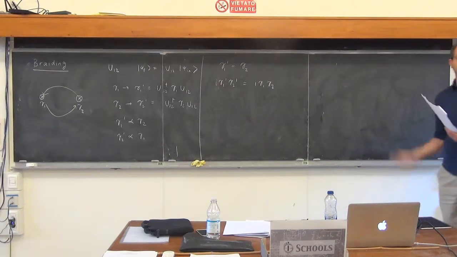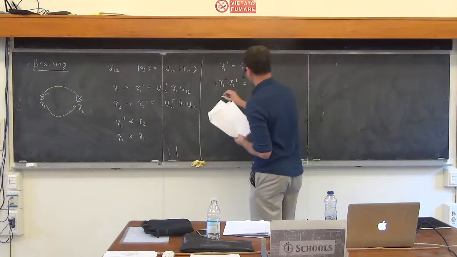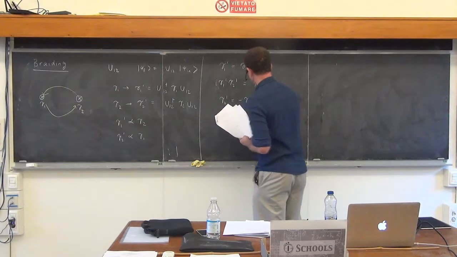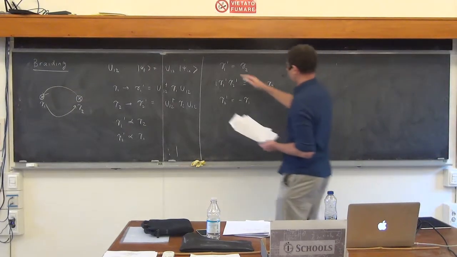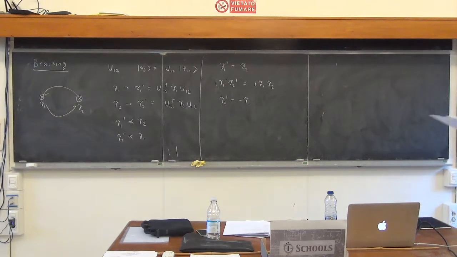I get a minus sign when I try to interchange them back, and the only way to correct for that minus sign is if gamma 2 prime is equal to minus gamma 1.